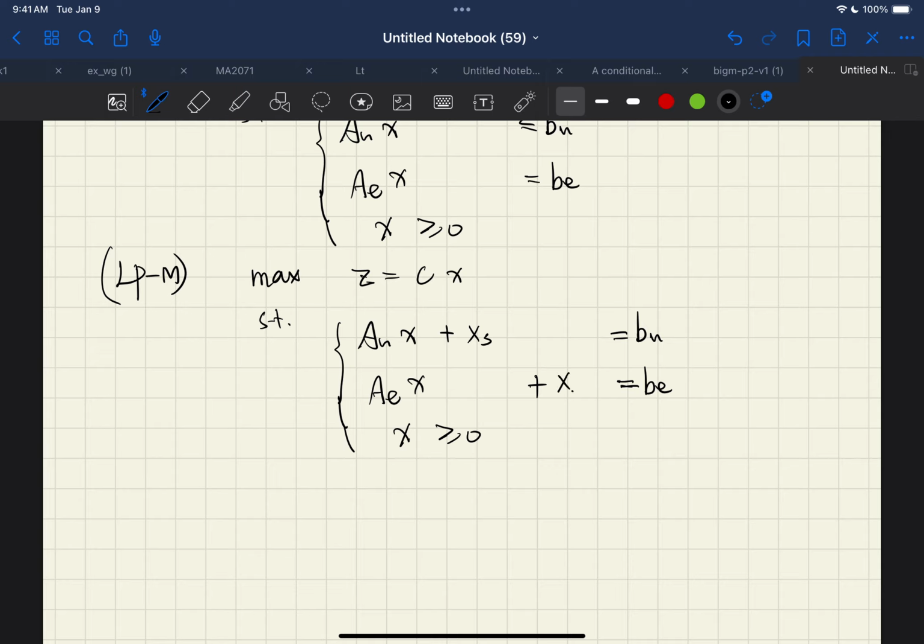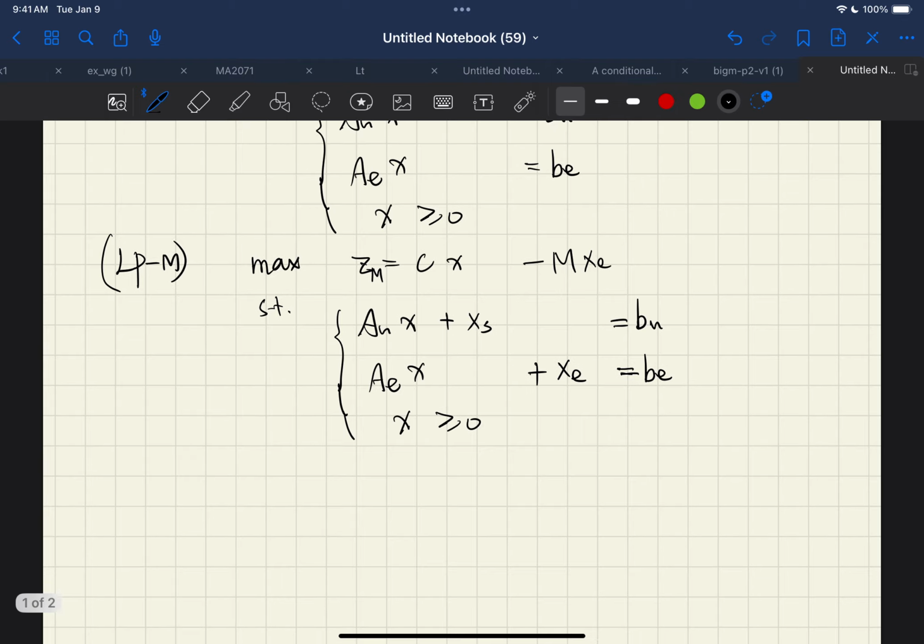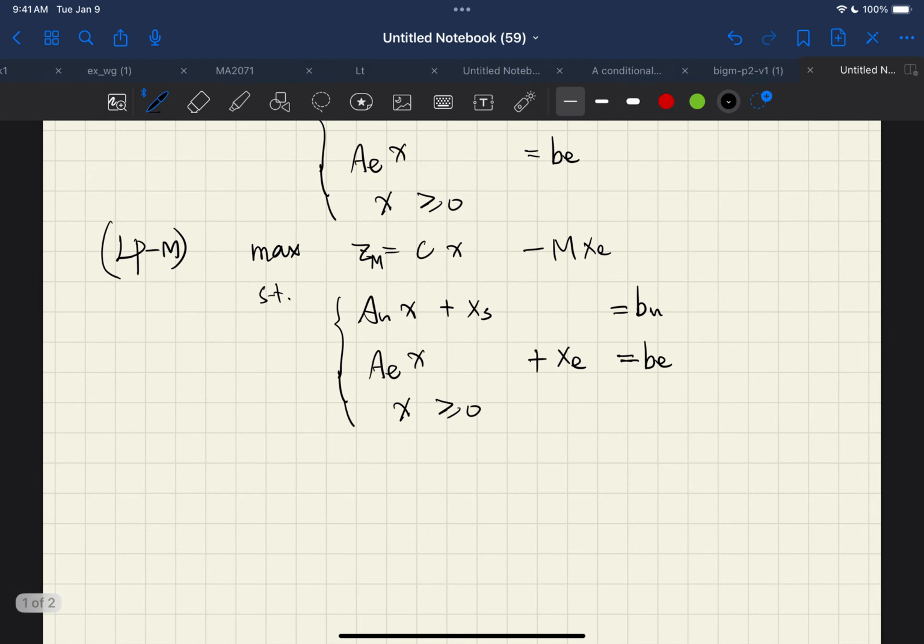So if we add an artificial variable, which is called xe, xe is a column vector which has the same length as be, the number of equality constraints. Then if we add xe, we are going to subtract M xe from the objective function to penalize that modification. Here xe is a column vector, so we change it into the sum of those xe's.